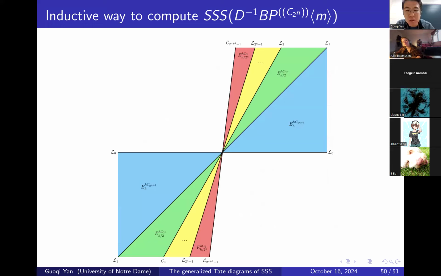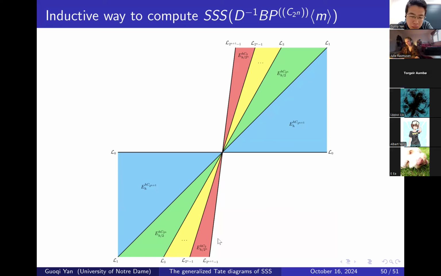Now we can conclude this talk with an inductive way to compute the slice spectral sequence. This is a slice spectral sequence of a periodic theory. By the transchromatic phenomenon in the positive and the negative cone, we know that all these regions of red, yellow, or green color are known by induction.